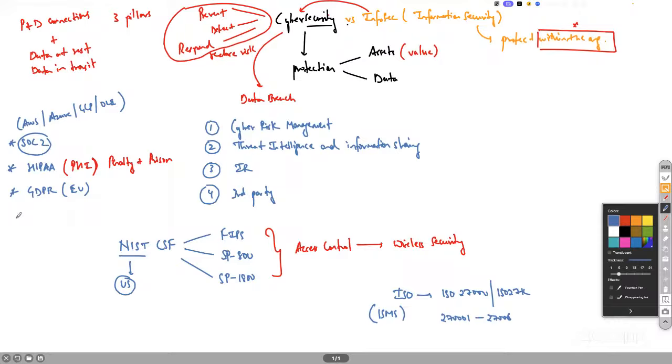Another one is PCI DSS, payment card industry. I'm pretty sure everyone uses some sort of digital payment nowadays. Obviously in India we have UPI a lot, PhonePe, Paytm, those sort of things.